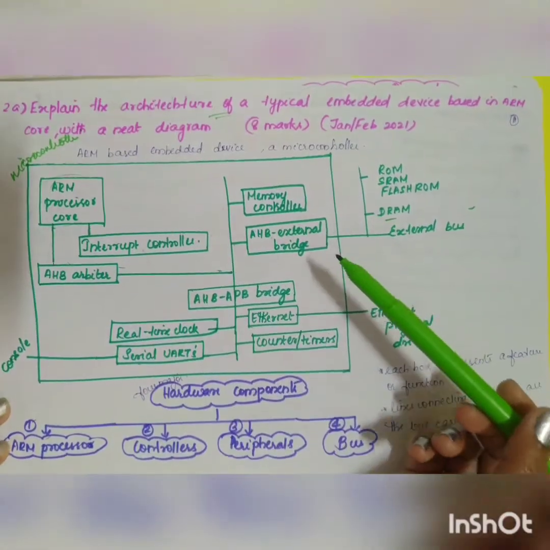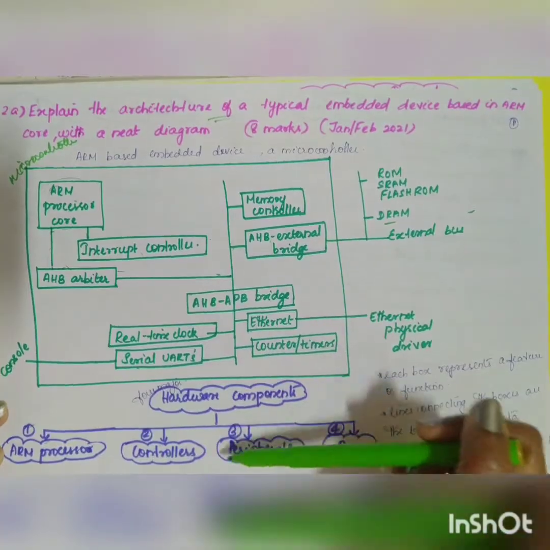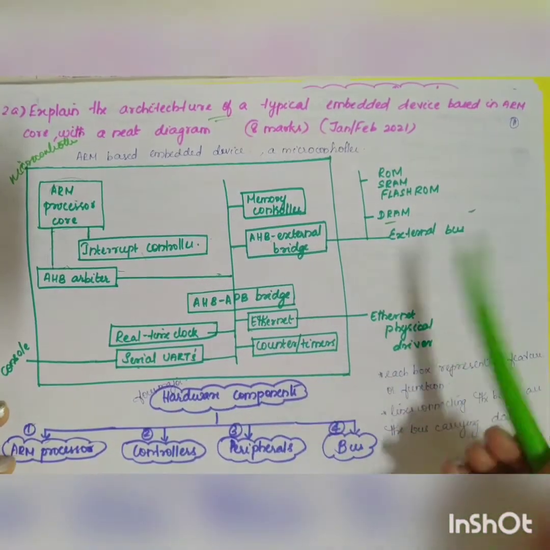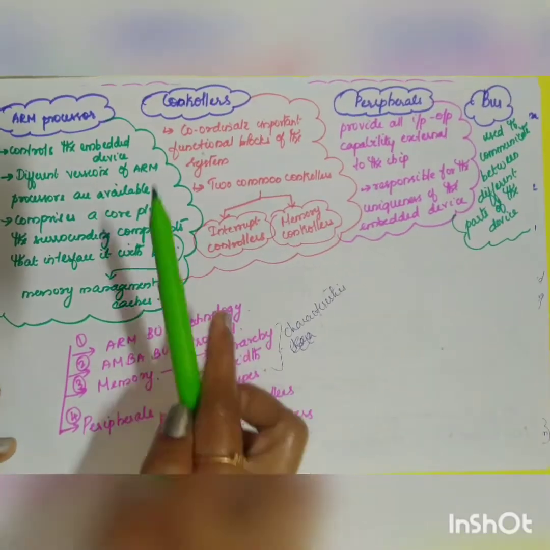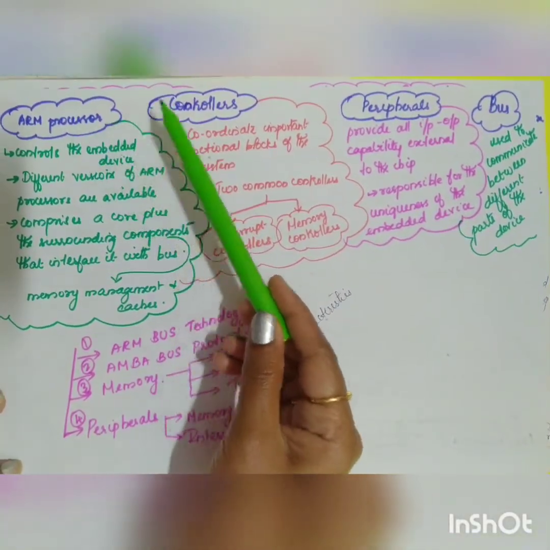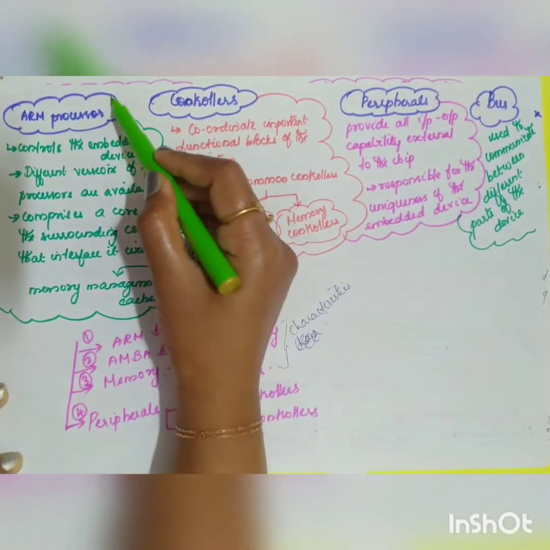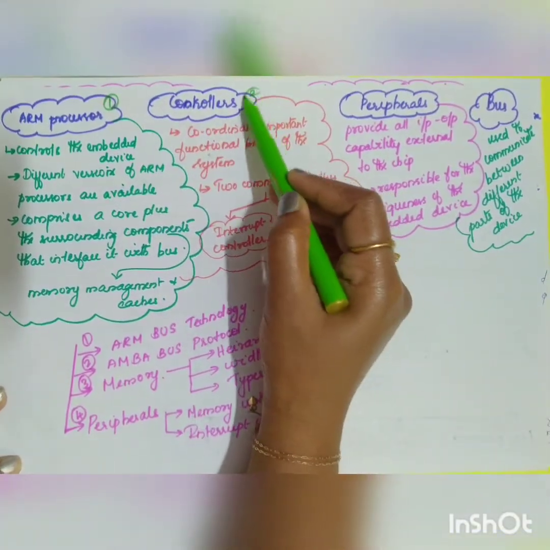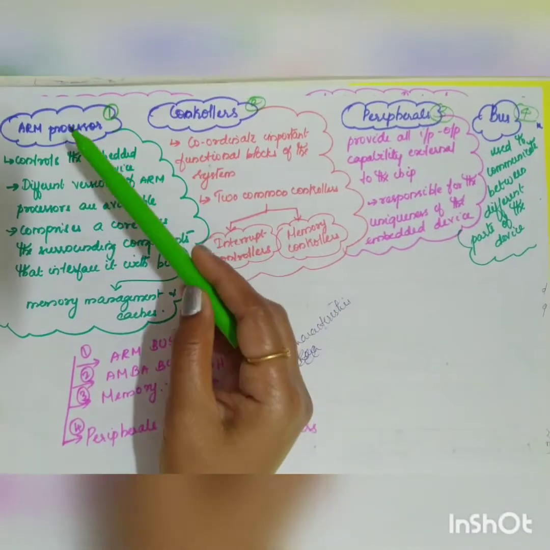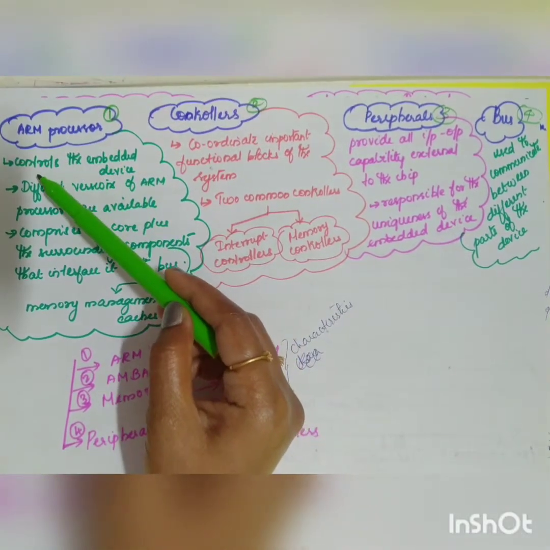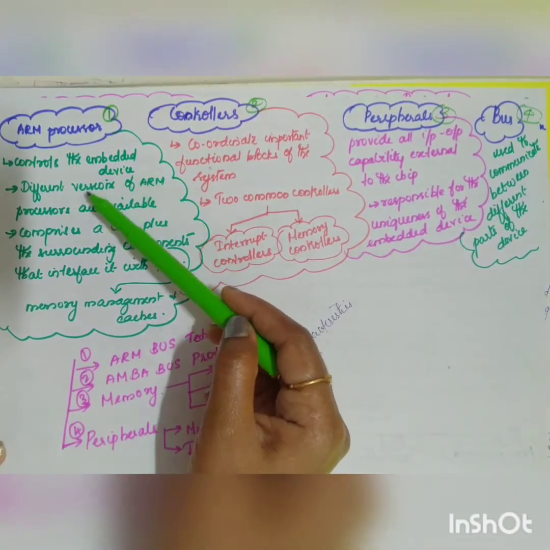First, let us see the important points of these four hardware components: ARM processor, controller, peripherals, and bus. What does the ARM processor do? It controls the embedded device.